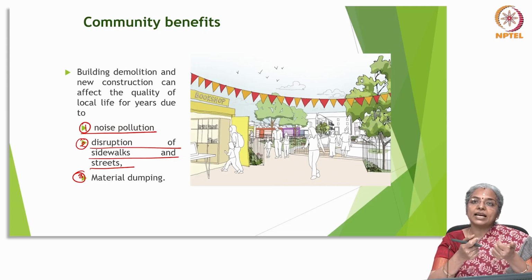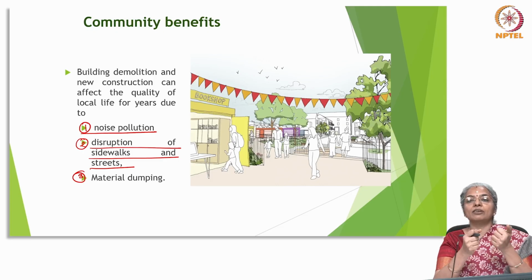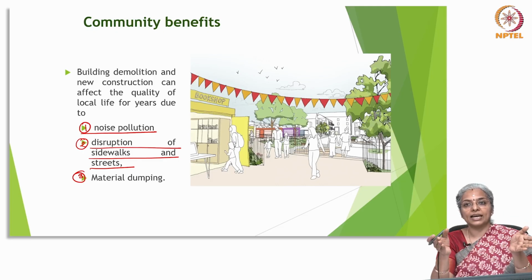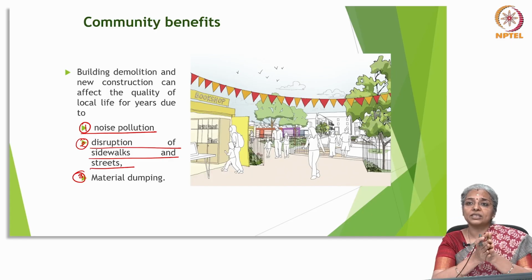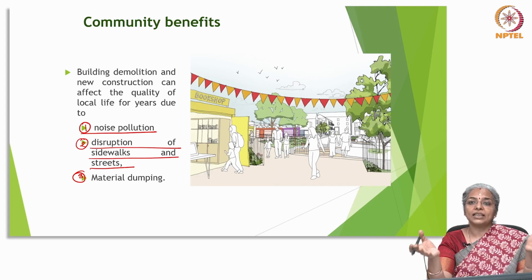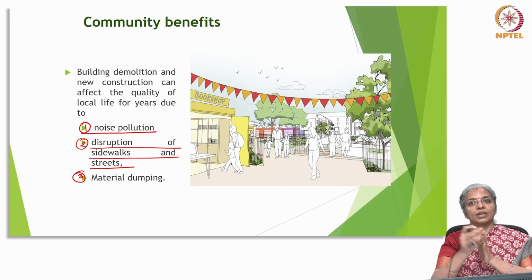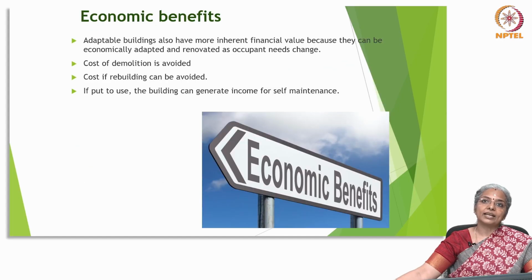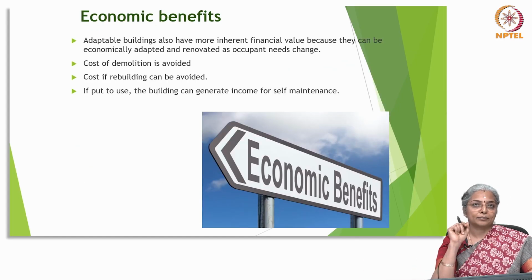So, when buildings have some architectural significance for the neighborhood, design for adaptability helps us preserve the cultural value, and this can contribute to a very vibrant, healthy community and also protect the historic heritage for all.